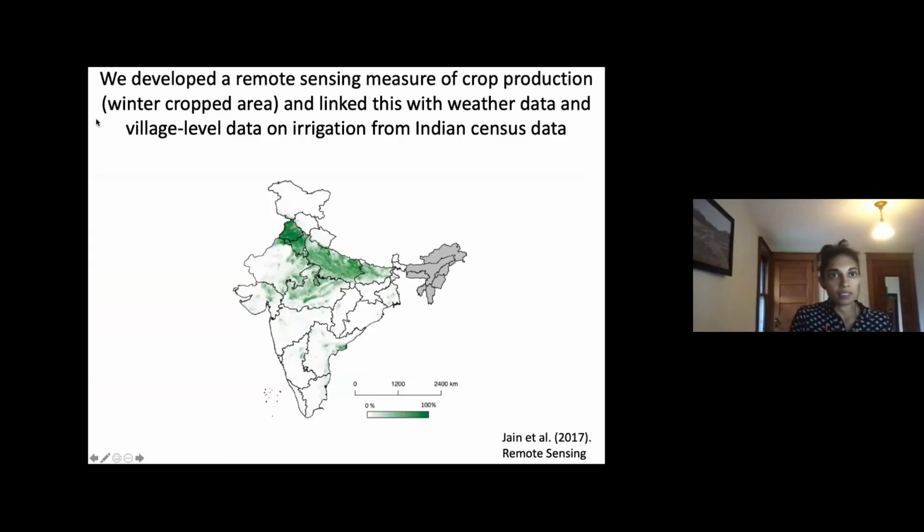This is basically a measure of the amount of area that is planted under crops. We wanted to see how much of this production is concentrated in areas that are facing critical groundwater overexploitation, which will give us an idea of how much production would be lost if farmers lost access to all of this groundwater.